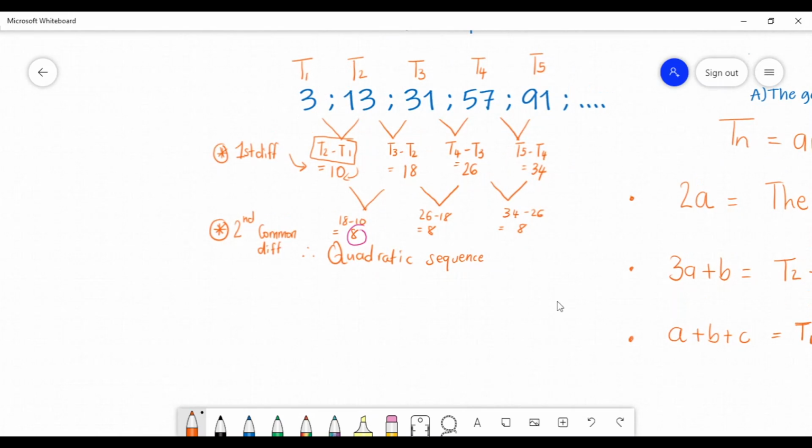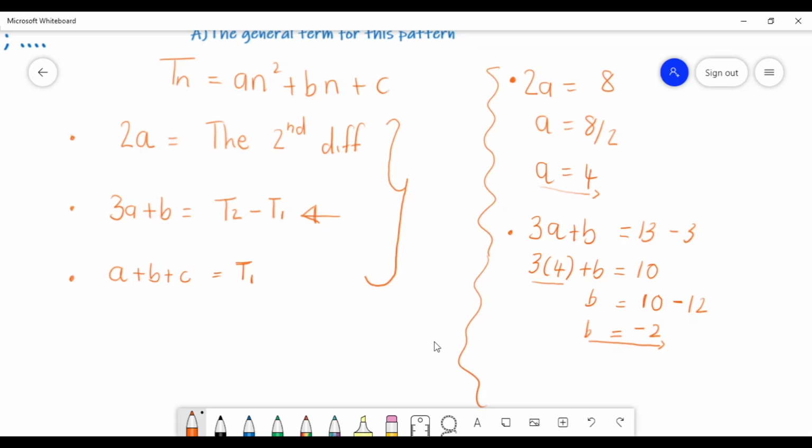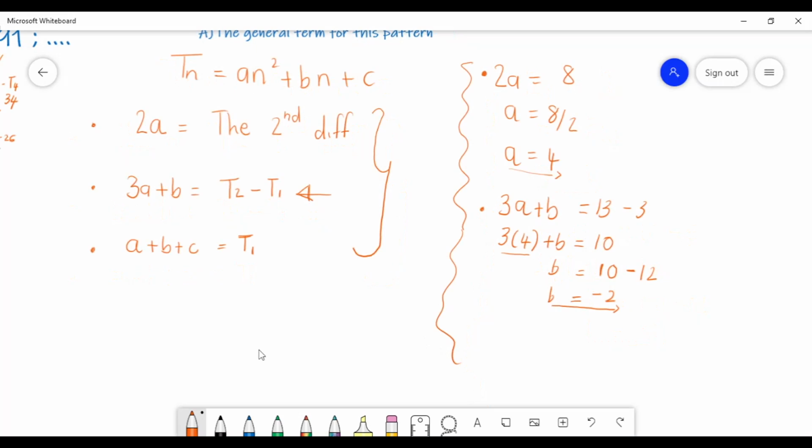So we simply substitute that into our equation, which is a plus b plus c is equal to T1. Our first term is equal to 3, right? Okay, it's equal to T1. We're writing it again, and then we're going to substitute.